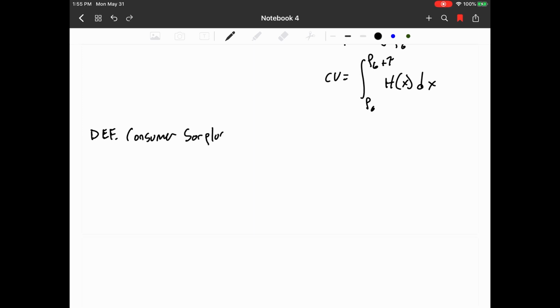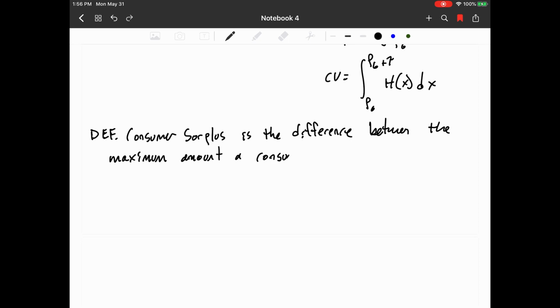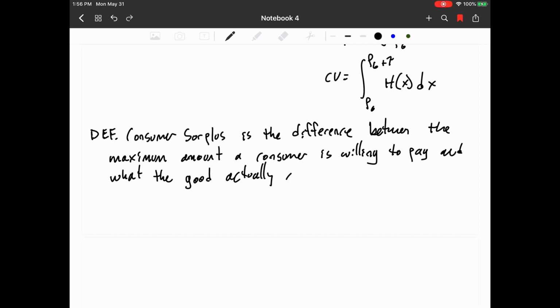Consumer surplus is the difference between the maximum amount a consumer is willing to pay, and what the good actually costs, at the chosen quantity.